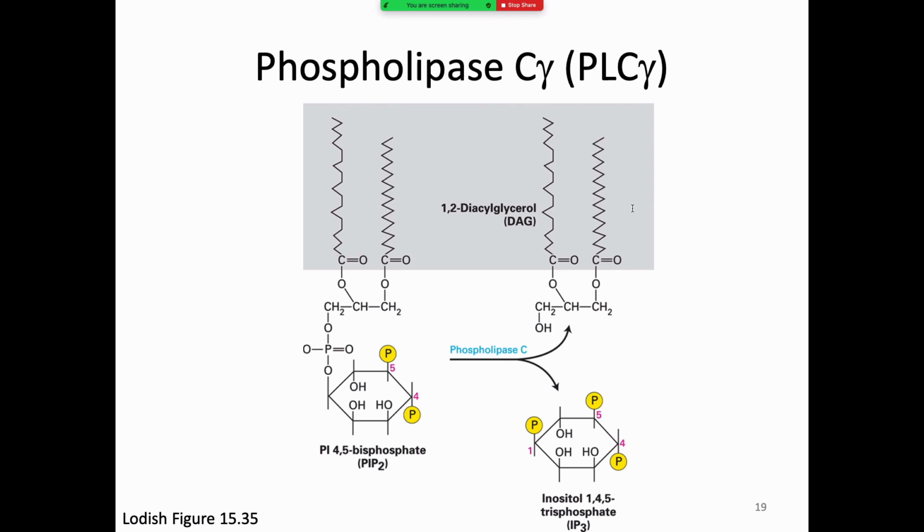So first, let's look at the suffix of phospholipase C. What's our suffix? Lipase, or just -ase. So that tells us what? It's an enzyme. It has an enzymatic activity.